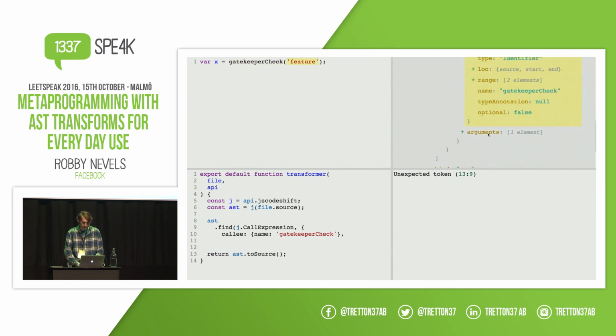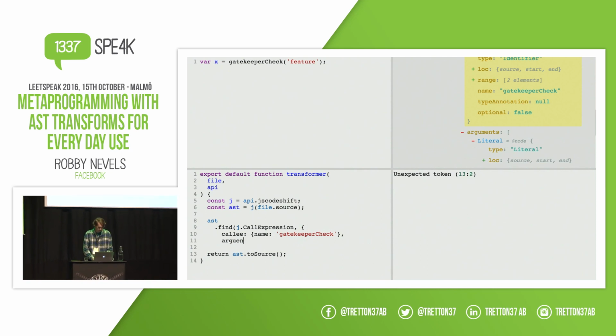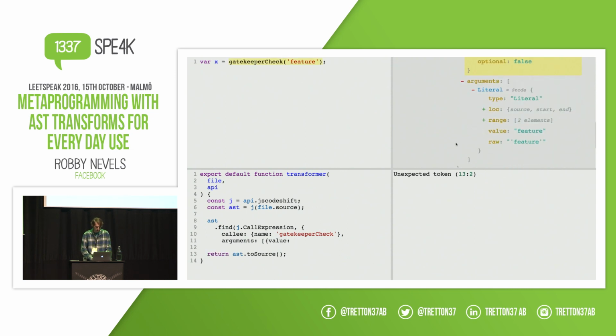And it has an argument list, the first of which has the value feature. And I want to replace this structure with a literal of just true, right? So there, I did it.